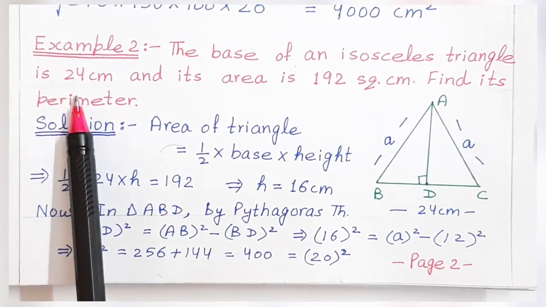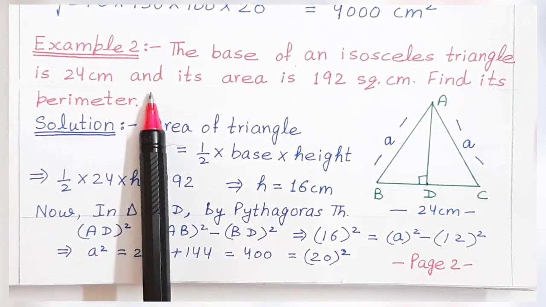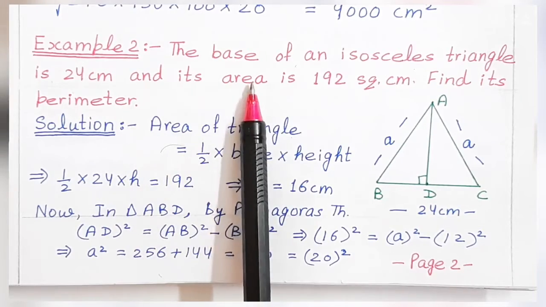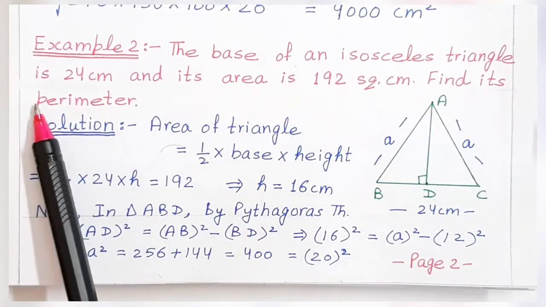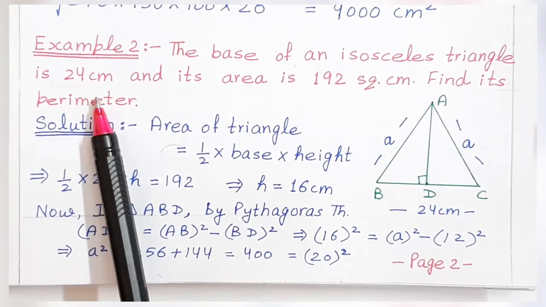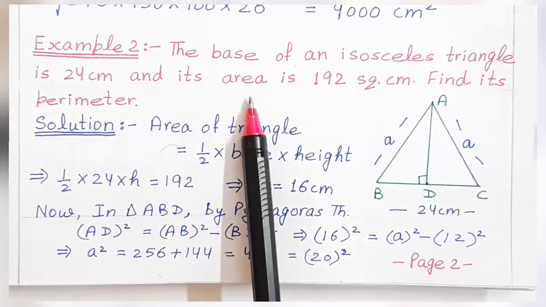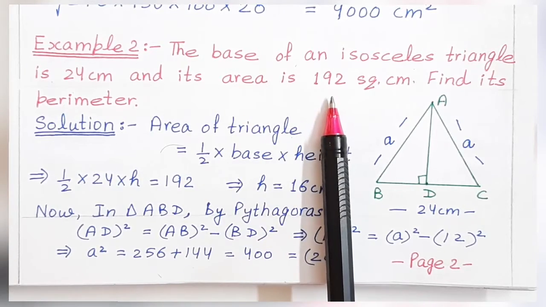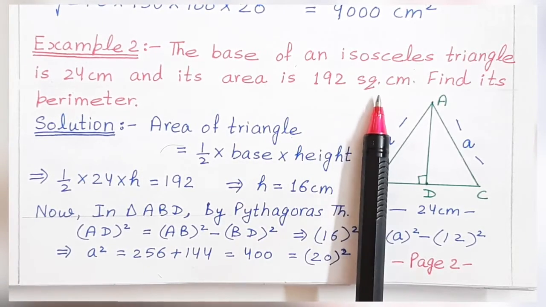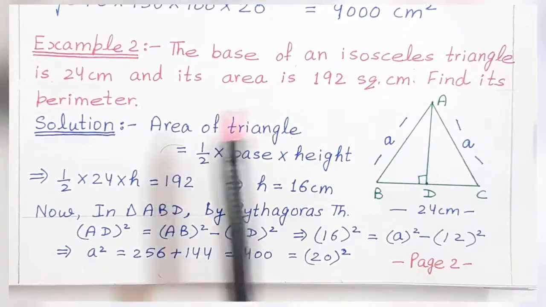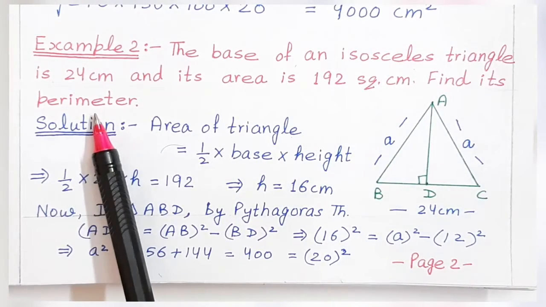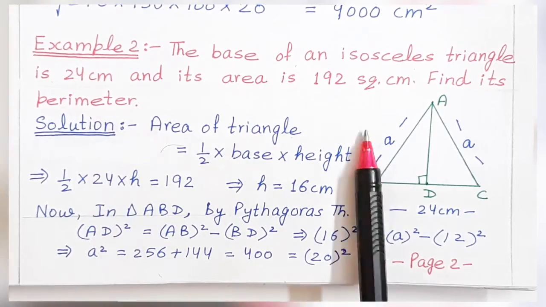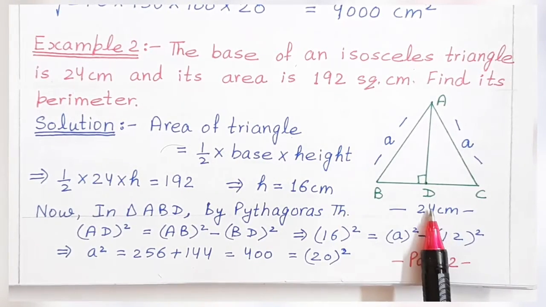Now let us discuss example number 2. The base of an isosceles triangle is 24 centimeter and its area is 192 centimeter square. Find its perimeter. Now students, in order to find perimeter, we need to know all the three sides of a triangle.